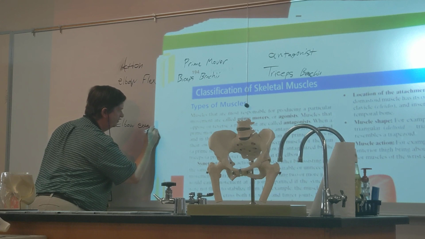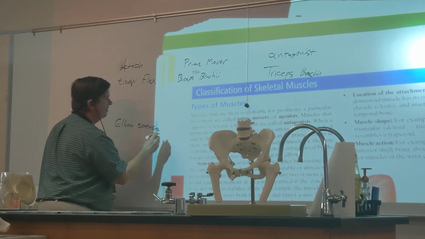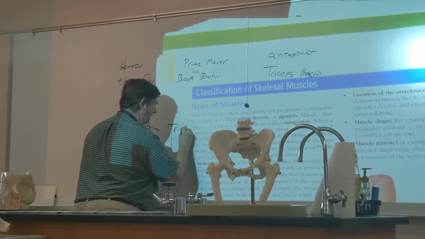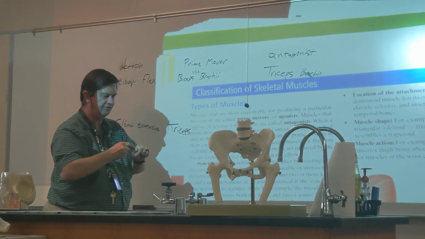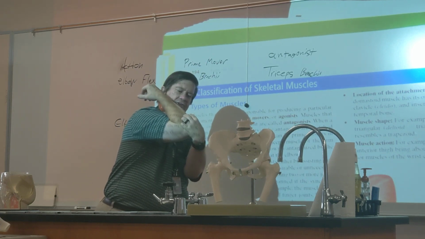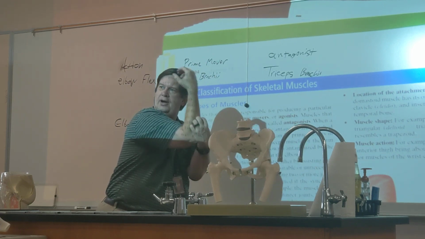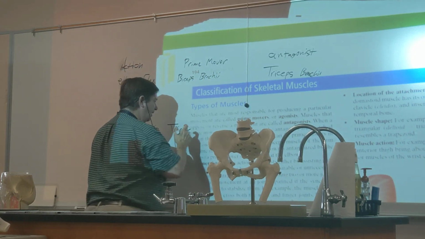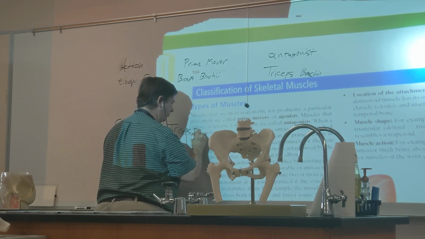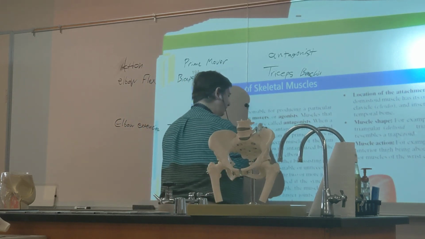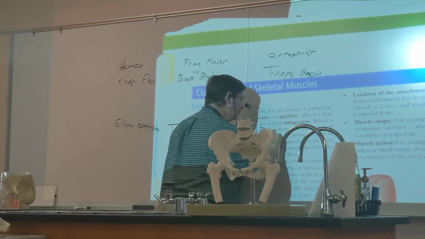So elbow extension, and we're going to have the triceps. You know this already, you've seen it already. If we have this muscle get shorter, the tendons are pulling on the radius and almost straightening the arm out. Good, all right, so triceps brachii and biceps brachii.